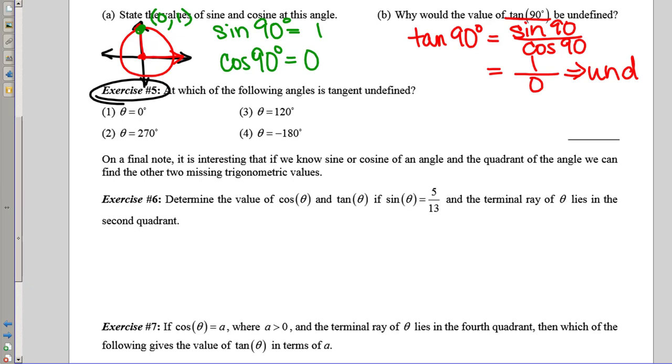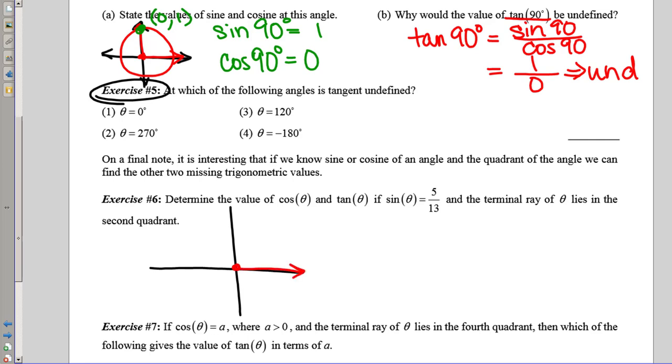Okay, the last thing we're going to review is how to find the missing trig values given a piece of information. So exercise 6 is asking you to determine the value of cosine and tangent if you know that sine is 5/13 and theta is in quadrant 2.